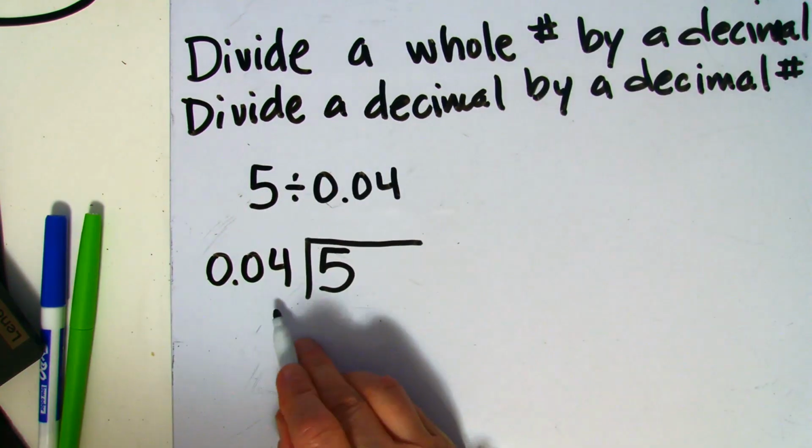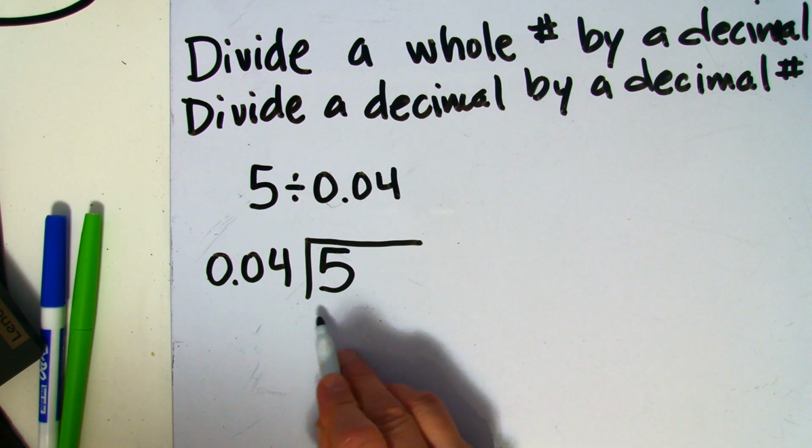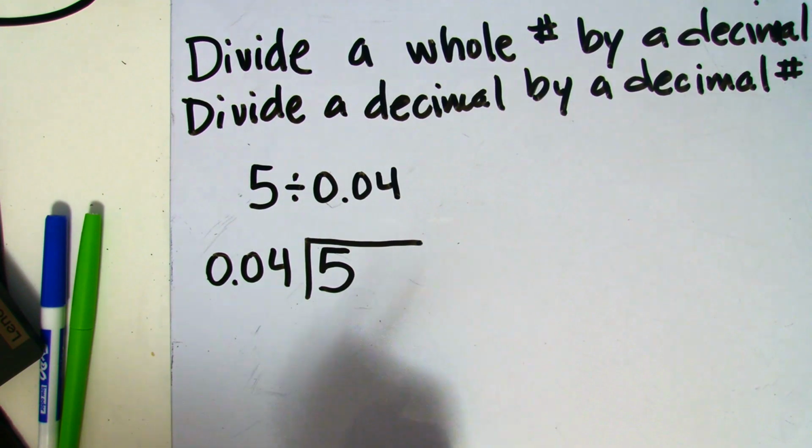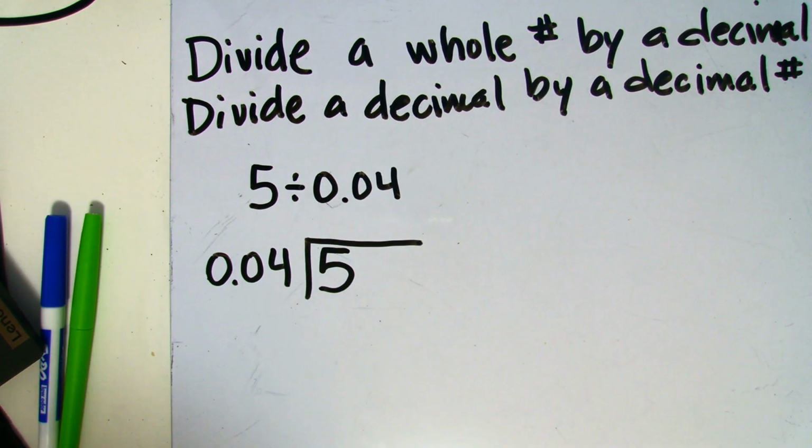Here we have 4 hundredths, and we're going to divide that into 5. Now the thing is that we do not want to divide with decimal numbers if the decimal number is in the divisor. To get rid of that decimal number, we're going to move it over to the right until it is after the last digit.